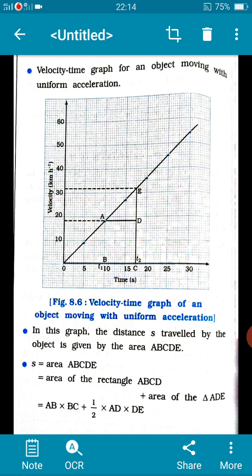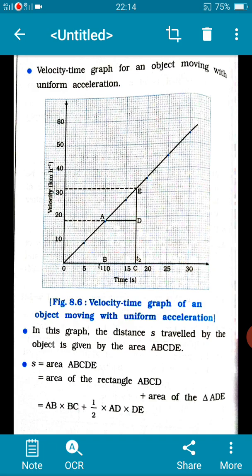We can substitute the values. Is that clear? What is AB? AB is equal to 20. What is BC? T2 minus T1. And next, half into what is AD? Same, T2 minus T1. And what about DE?